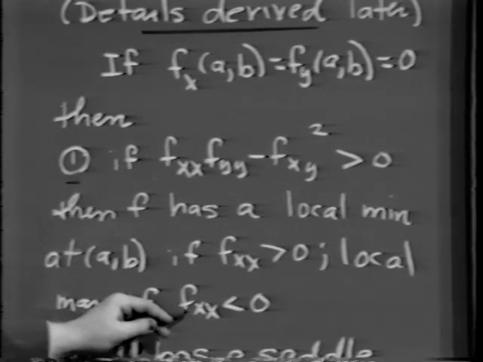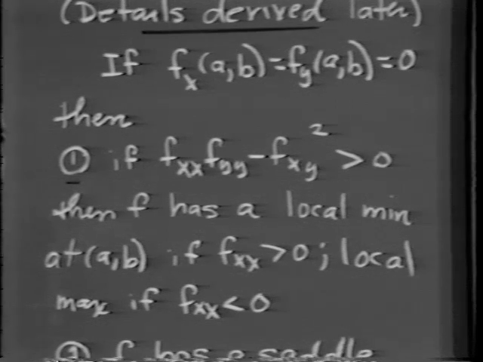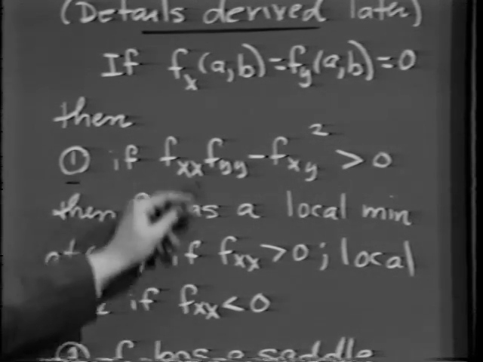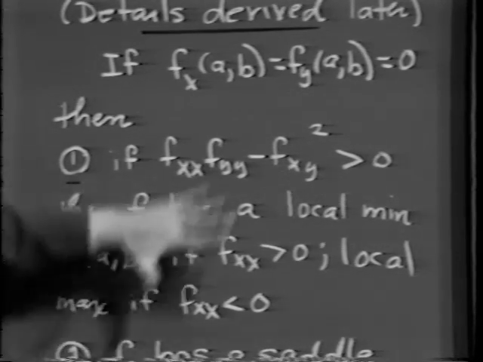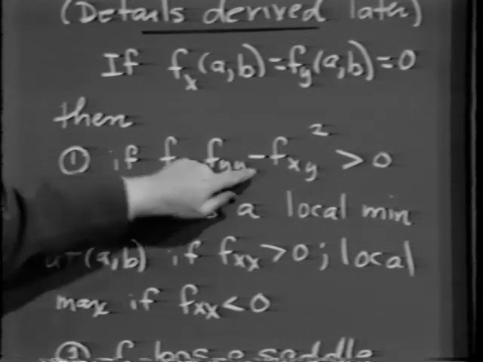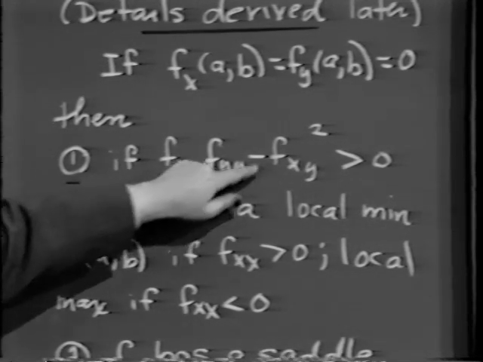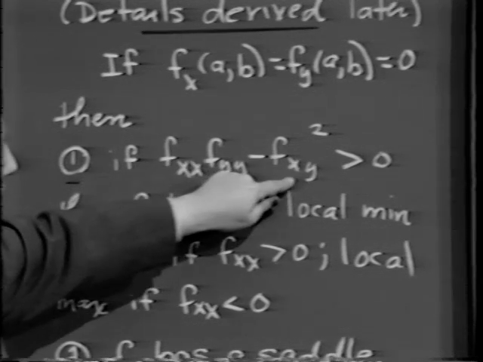You might say, what happens if f sub xx happens to be 0? And the answer is, if f sub xx happens to be 0, this case couldn't have occurred in the first place, because if f sub xx happened to be 0, this term drops out, in which case this could not be a positive expression.